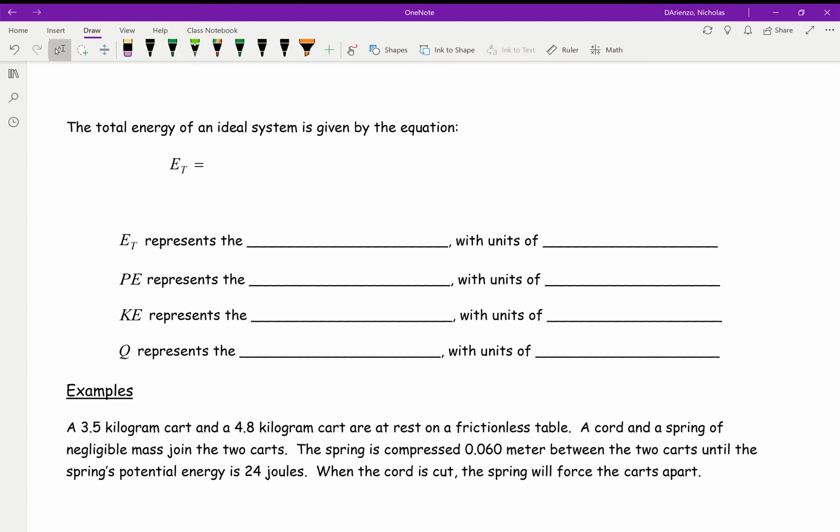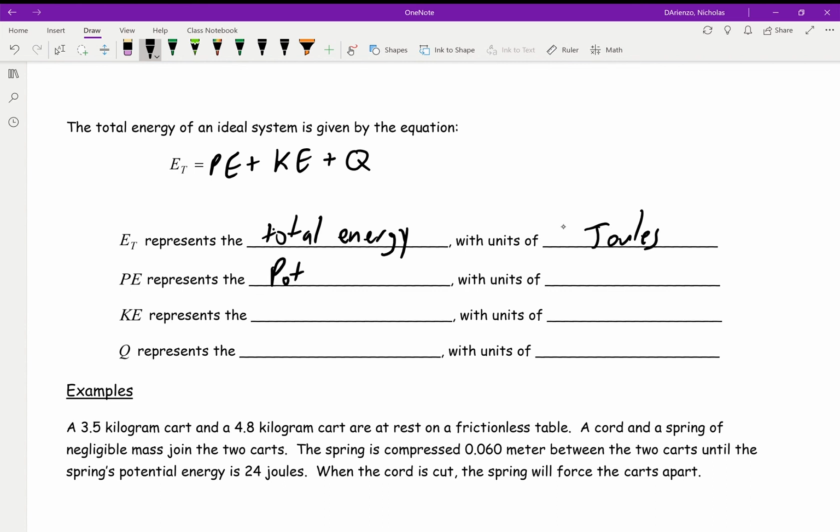Now, the total energy of a system is given by the equation total energy equals potential energy plus kinetic energy plus internal energy. So E sub t represents the total energy in units of joules.